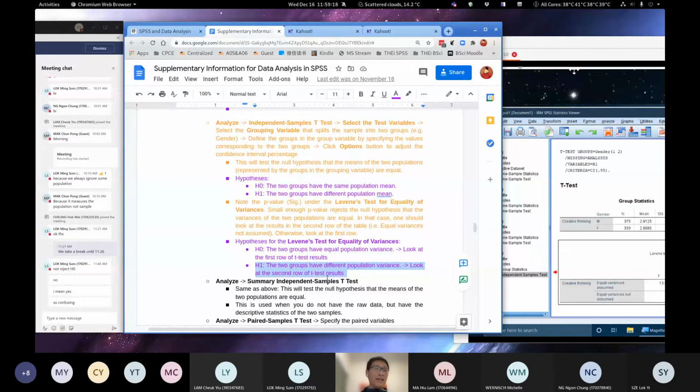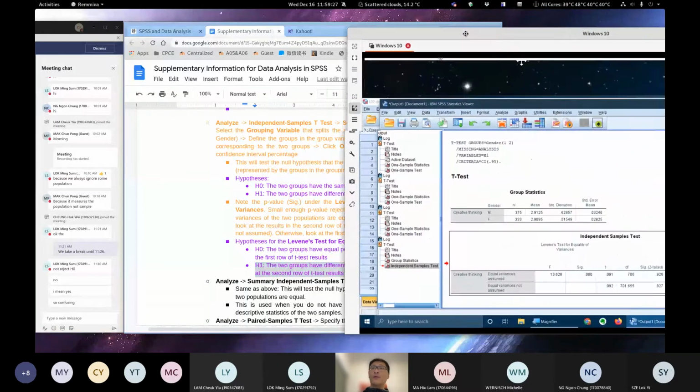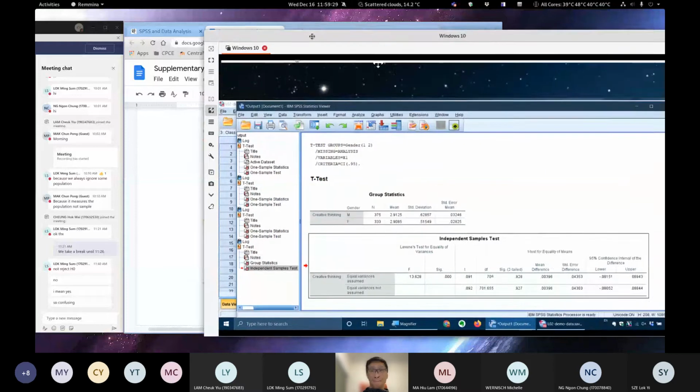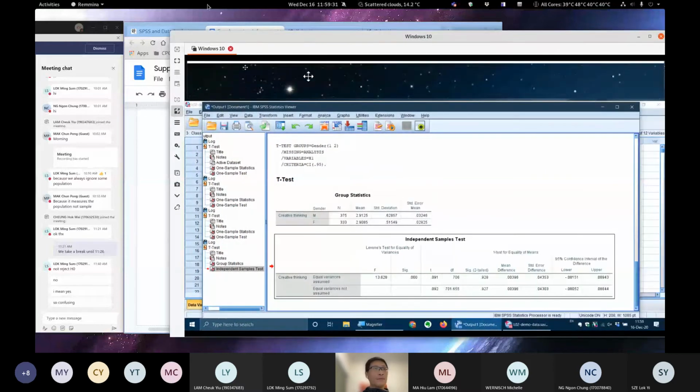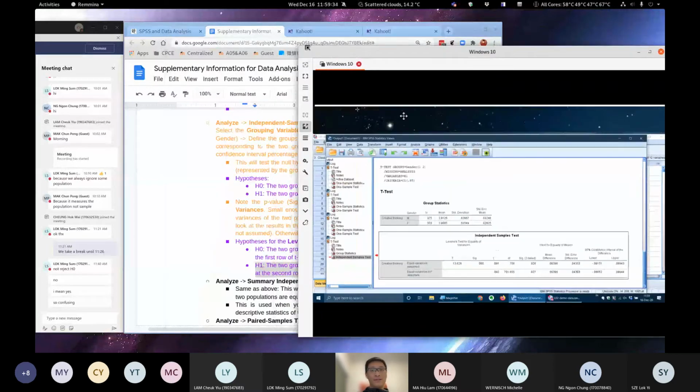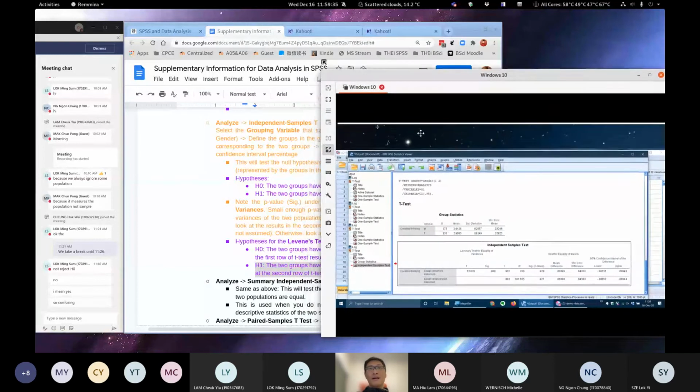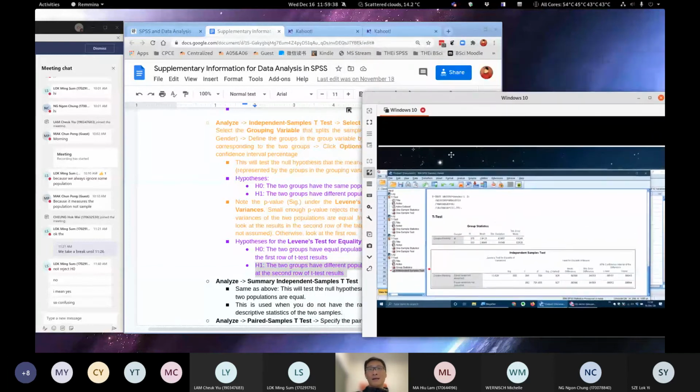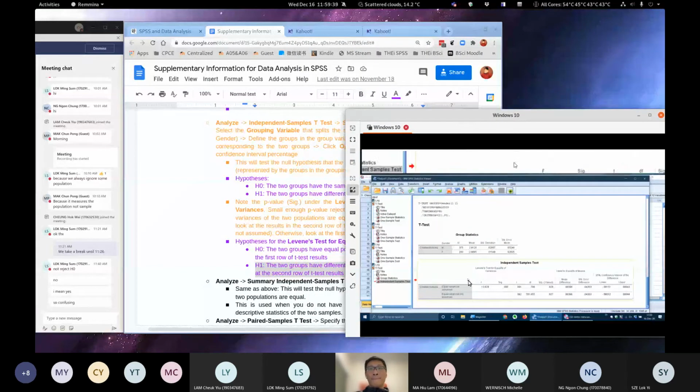Okay, this is quite complicated, but we just follow the procedures one by one. Okay, now let's look at our result. We do this one by one. Don't worry. Let me make this window a little bit smaller. You look at the magnifier image here.